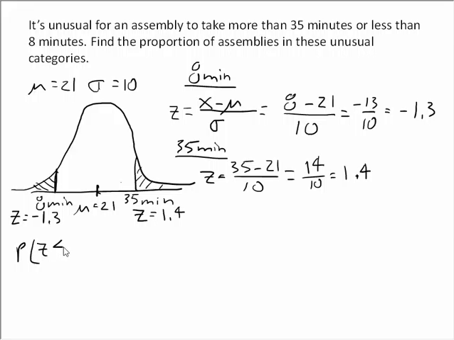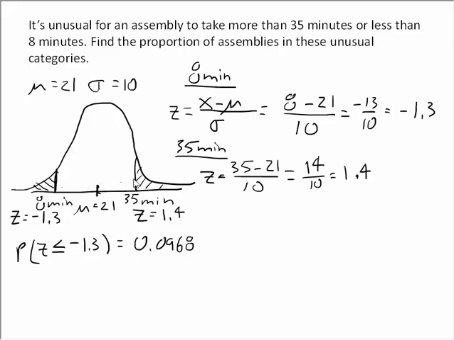Probability of z being less than or equal to negative 1.3. I'm going to look up negative 1.3 in my textbook, and it says it's 0.0968. All right, now this one's a little tricky. We can't just look up z of 1.4 or it's going to be a really big value.